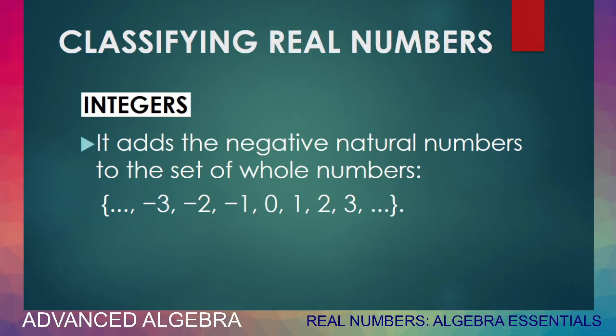So, nilagay lang natin siya ng negative sa ibang numbers. So, ibig sabihin, kapag integers, whole number siya, wala tayong decimal point. Then kapag dadagdagan natin ng ibang set of numbers, lalagyan lang natin siya ng negative. Okay? So, ibig sabihin, negative natural numbers plus positive natural numbers plus 0. So, yun yung integers. Okay?